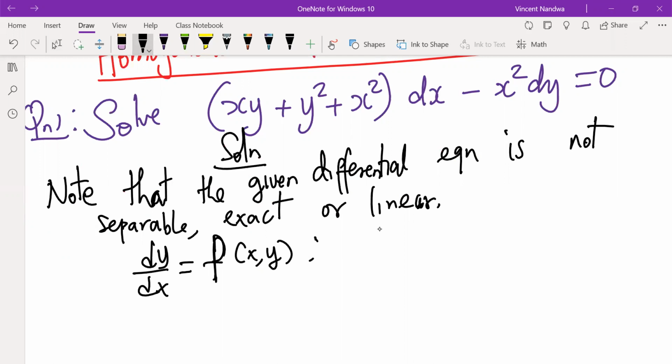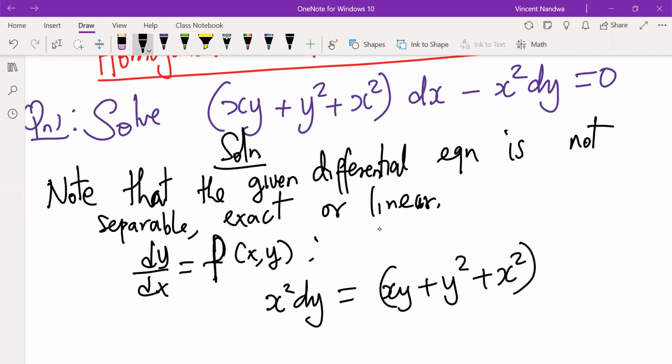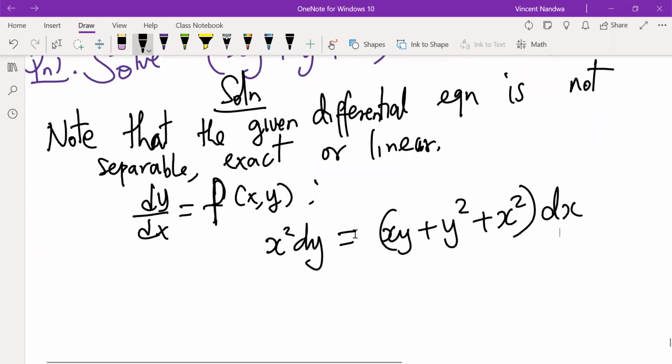Now, this is the same as x squared dy equals xy plus y squared plus x squared dx. So I've taken this to the opposite side. So to get dy/dx, divide through by dx.